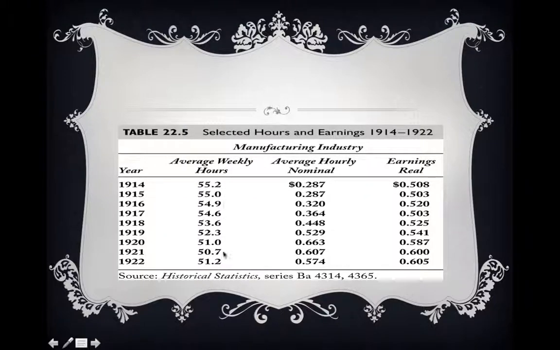And you can see that there's a downward trend that in 1914, on average, people were working 55 hours a week, and this is reduced to roughly 51 hours per week by 1920. You can see that hourly nominal wages were increasing, roughly doubling from 1914 to 1922. And you can see this translated to about roughly a 20% increase in real earnings, a 20% increase in the purchasing power of workers in the manufacturing industries.